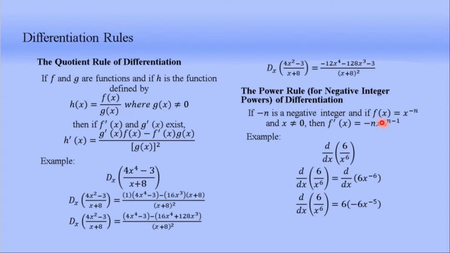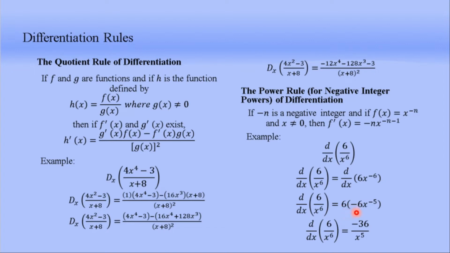For this, we're going to apply the power rule for negative integers. So we're going to bring down negative 6 as a constant here in the x, and then we're going to subtract 1 from negative 6. So negative 6 minus 1 is negative 7... I mean, negative 5 as written here. And then we're just going to multiply 6 to negative 6, the constant.